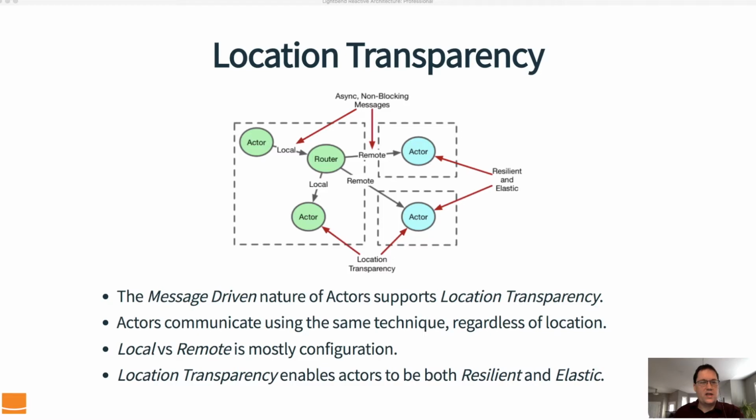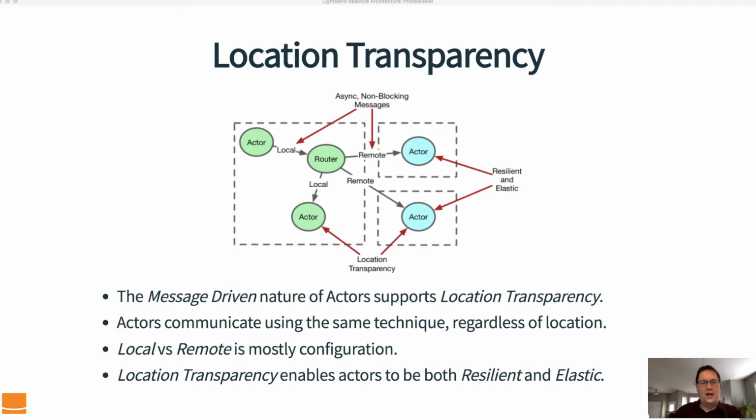So you have a green actor that is being routed to, but you also have two blue actors which are remote. They live in a separate JVM, but they can still act as routees. Now, from the perspective of the original actor sending the message to the router, he has no idea where that message is going to go. He's going to send the message to the router, and the router is going to figure out where it goes. So it may go to a local actor or it may go to a remote actor.